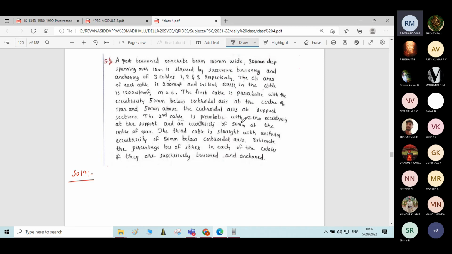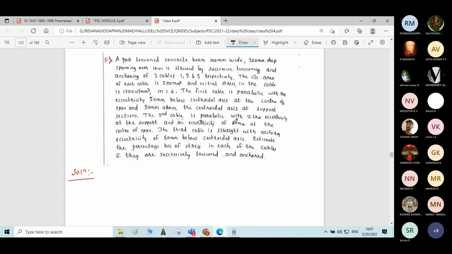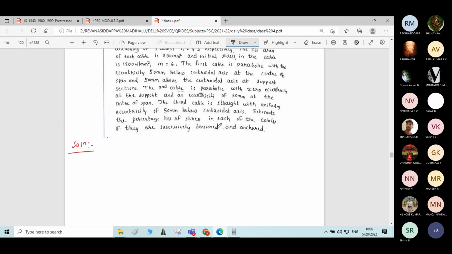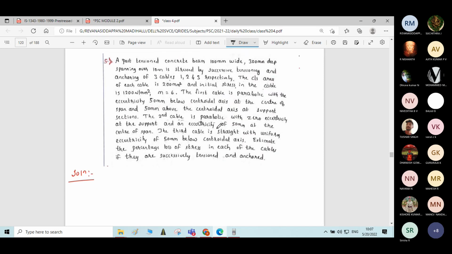A post tension concrete beam, 100 mm wide, 300 mm deep. Meanwhile, I'll write the diagram.